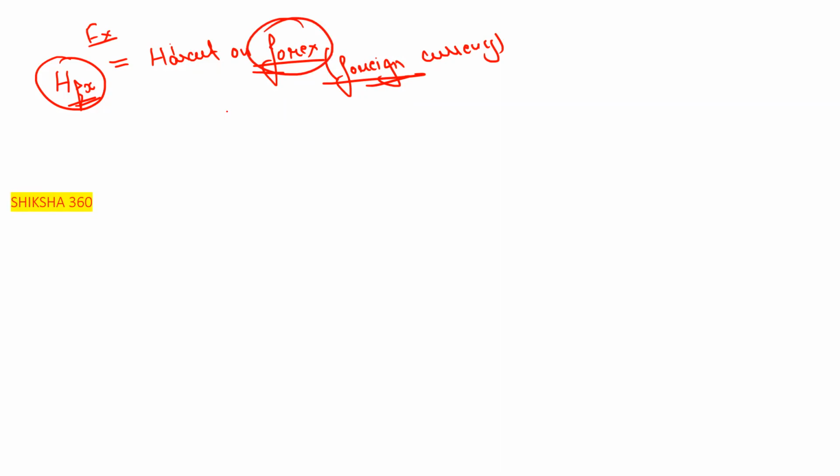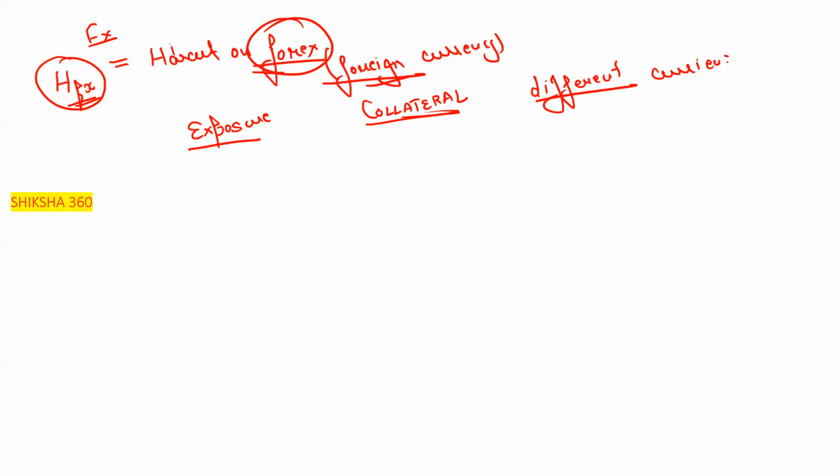So what is the meaning of that? We have exposure and collateral, two things. When the exposure and the collateral are in different currencies, then there is a role of HFX.